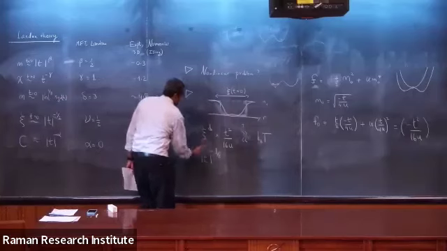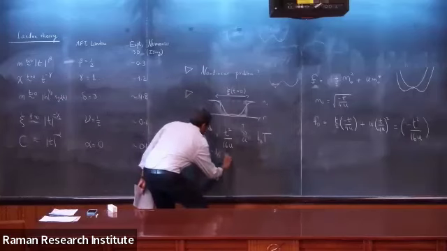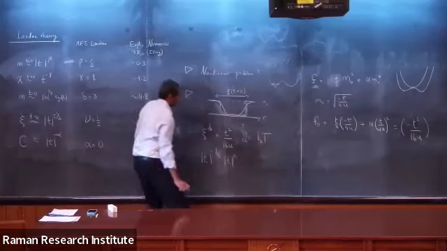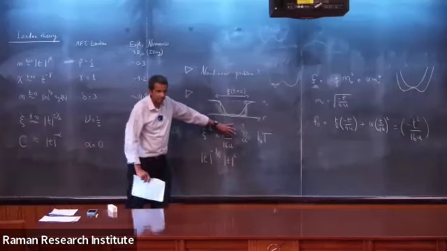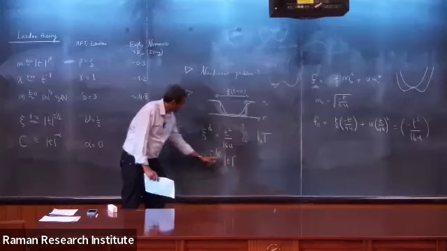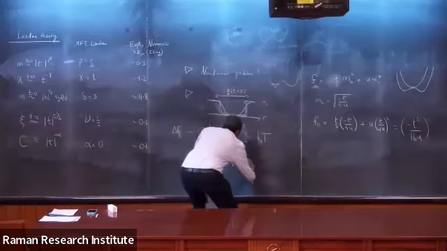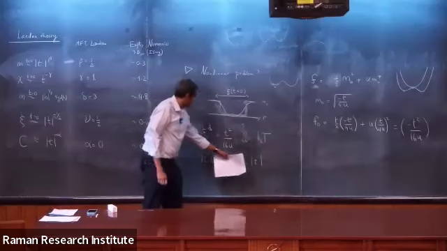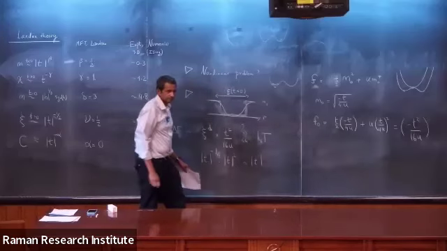That's this number here. This number goes like mod t squared. So now you see that the left-hand side goes like mod t to the power of 2 minus d by 2.